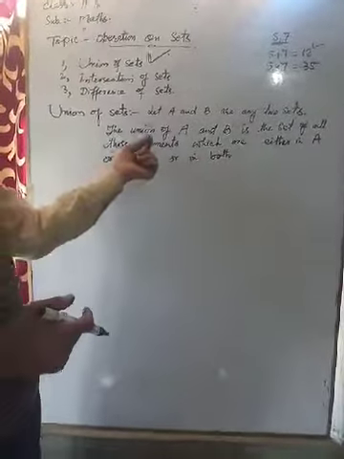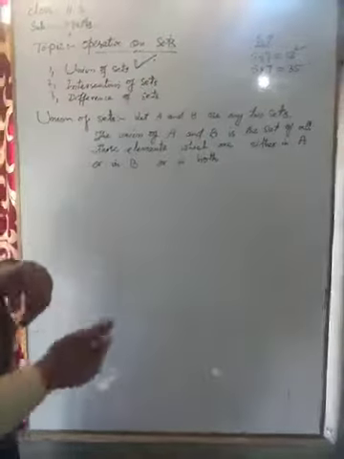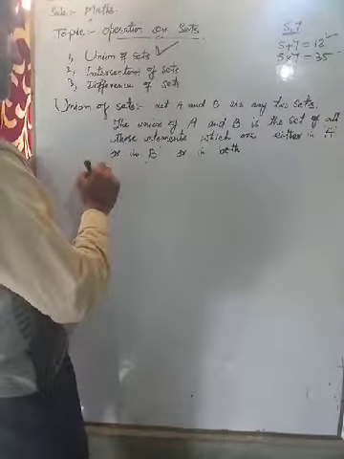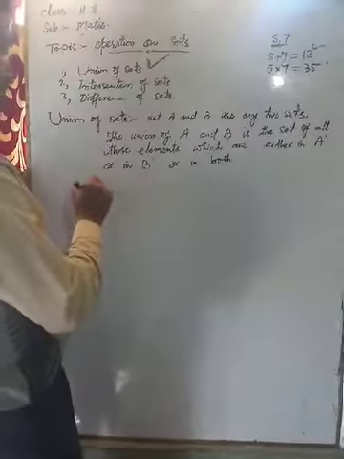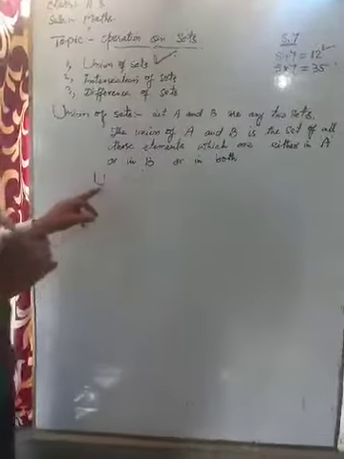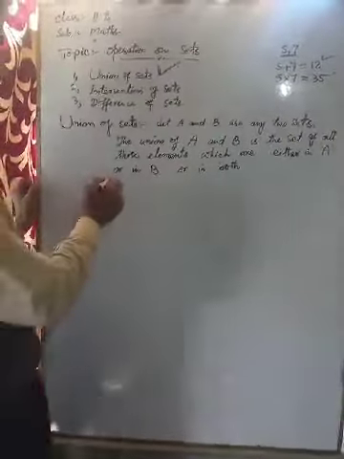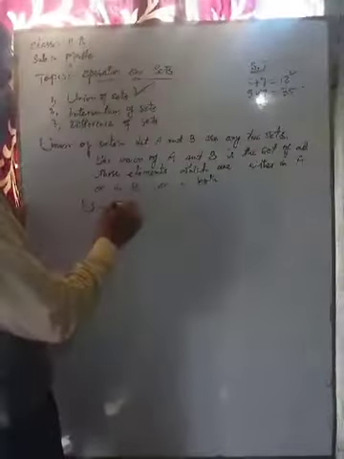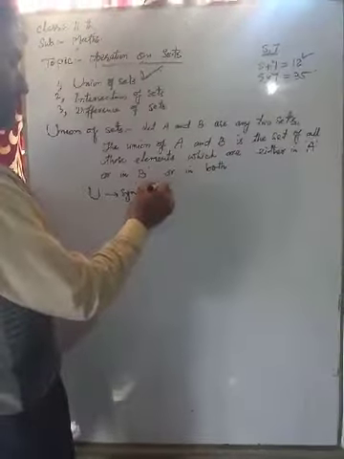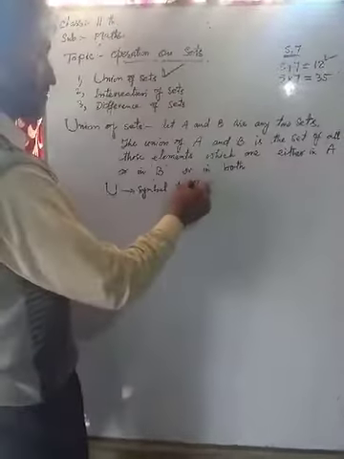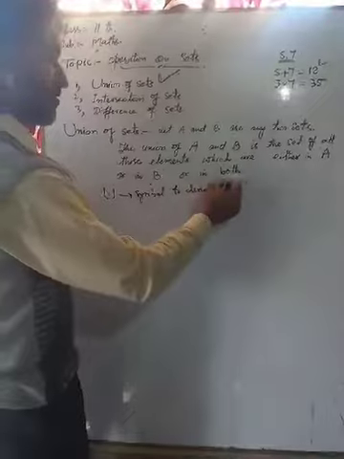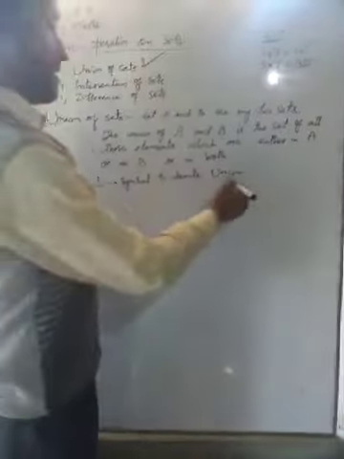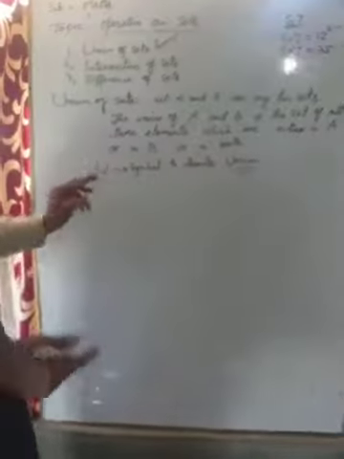How do we represent this union of two sets? We take a symbol, union. We write capital U, just like this. This will be the symbol to denote union of A and B, union of two sets.